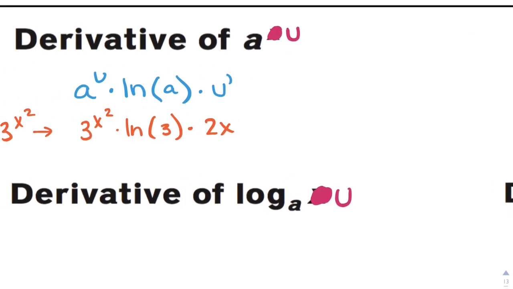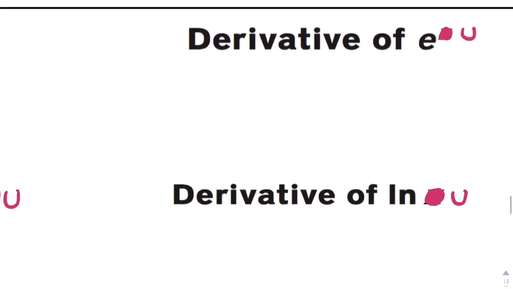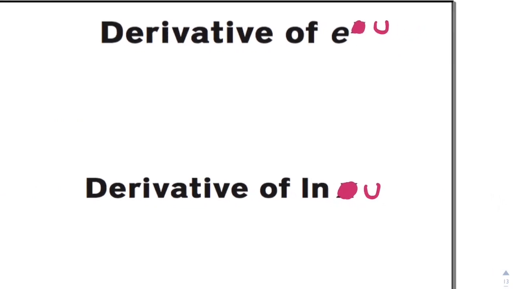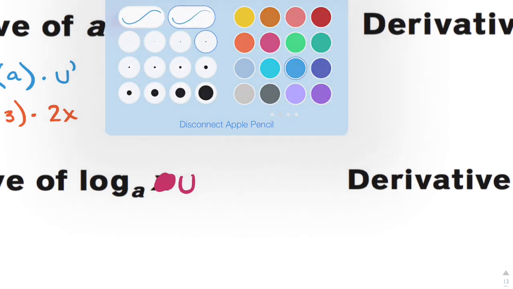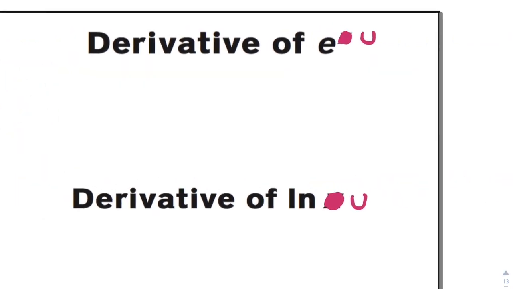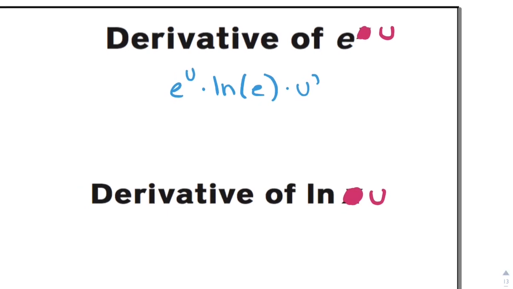The derivative of e to the u is the same exact derivative, but it's unique, and I'll show you why it becomes unique here. So e to the u, we're going to say it's e to the u times ln of my base, which is e, times the derivative of my exponent, which is u prime.